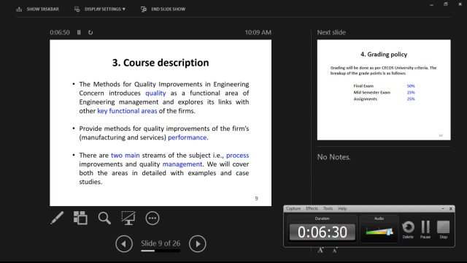Similarly, there may be posters on the wall of the industry, like do this thing in this way, take care of the dimensions, do the right thing in the right way. That is how they control or manage the quality.